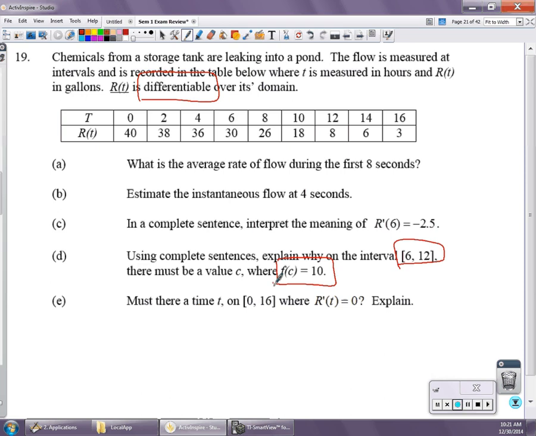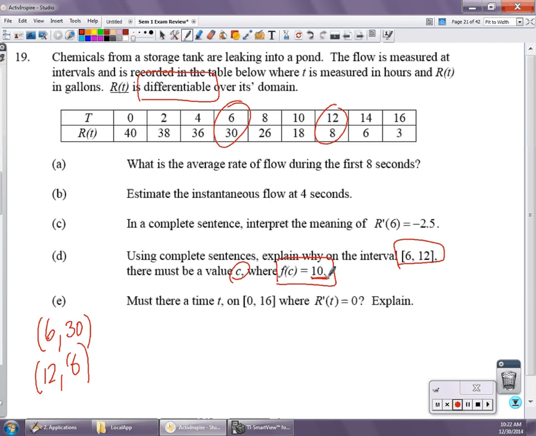So we know from the table that when x is equal to 6, y is equal to 30, and when x is equal to 12, y is equal to 8. And again, I got those values from 6:30, 12:8. Use a complete sentence to explain why there must be a value of x where the y value is 10.